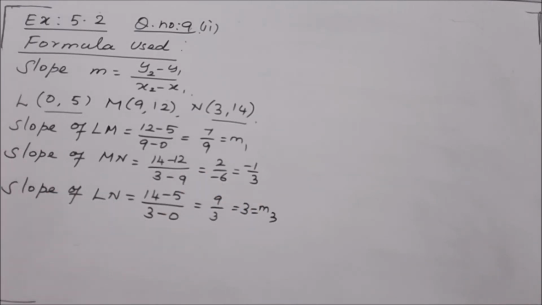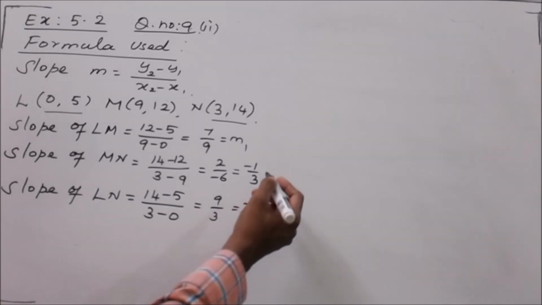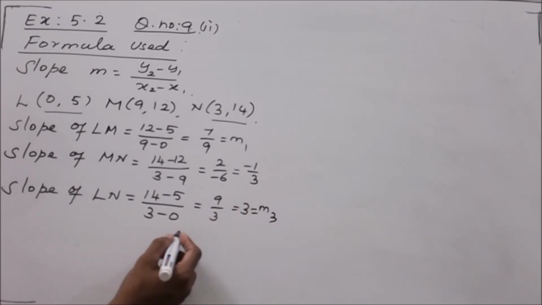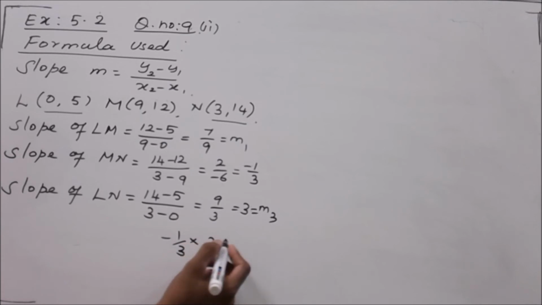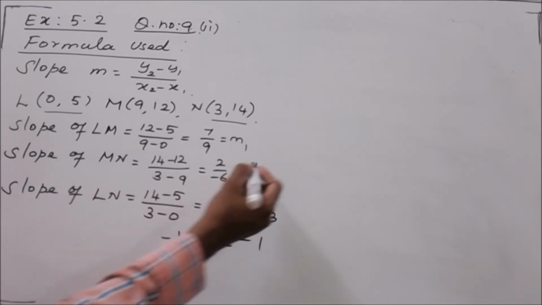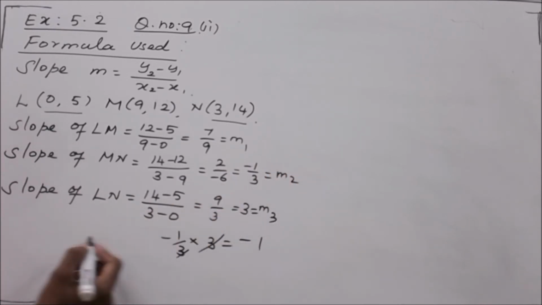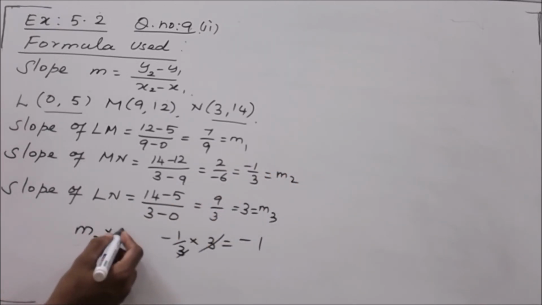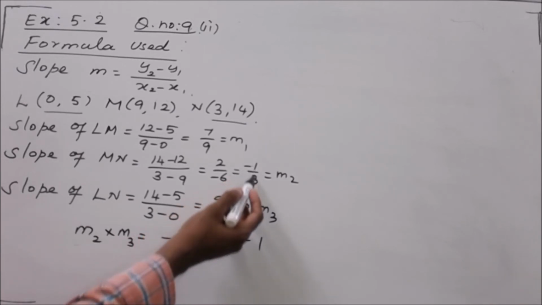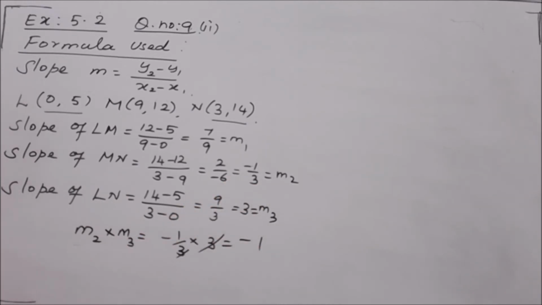Look at the slopes of MN and LN. This is -1 by 3, this one is 3. Multiply these: -1 by 3 into 3 equals -1. So m2 into m3 equals -1 by 3 into 3, which is equal to -1.